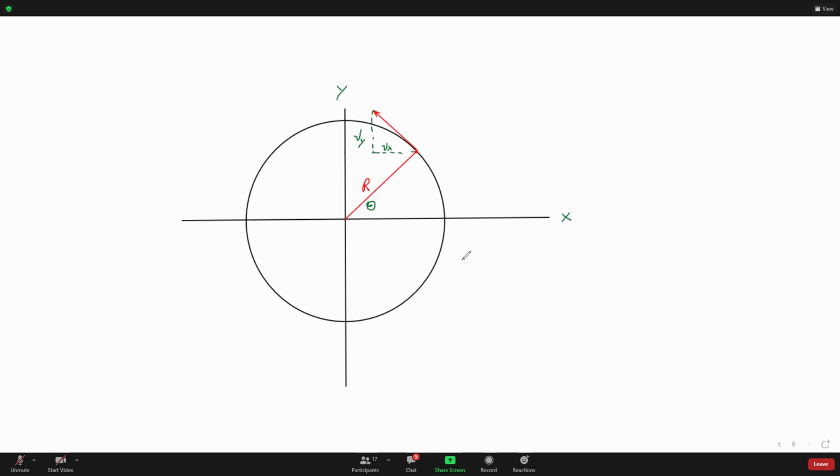Now, let's write down the velocity v. Equals minus v sine theta in the i direction plus v cosine theta in the j direction.